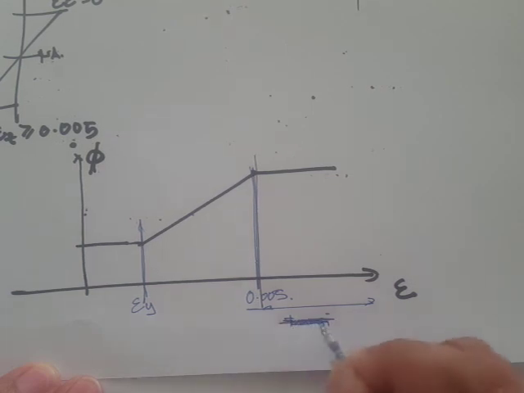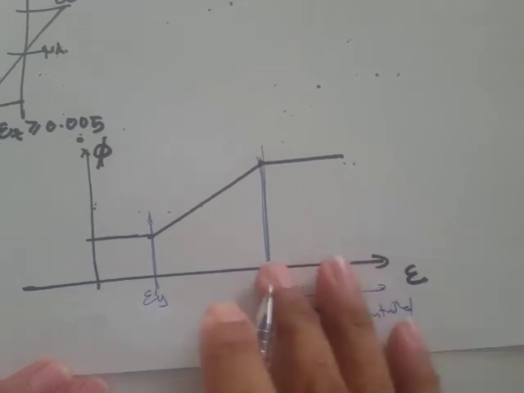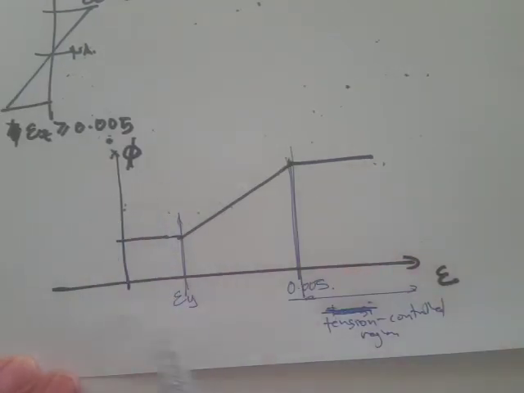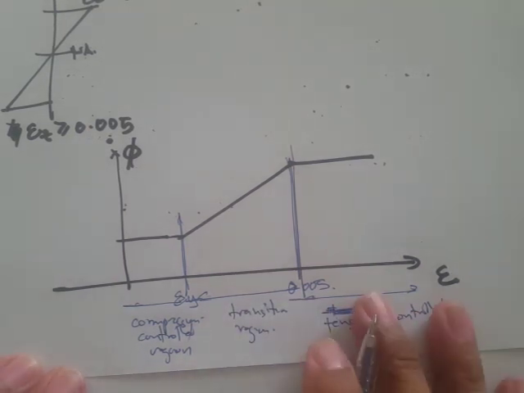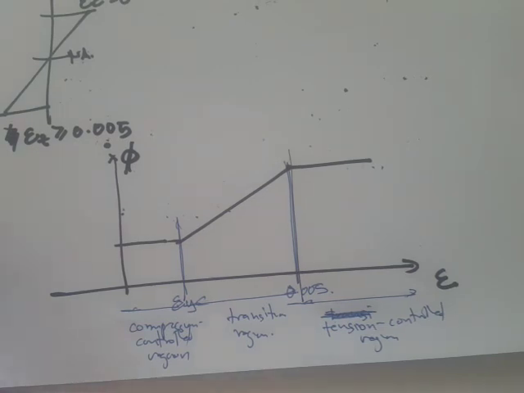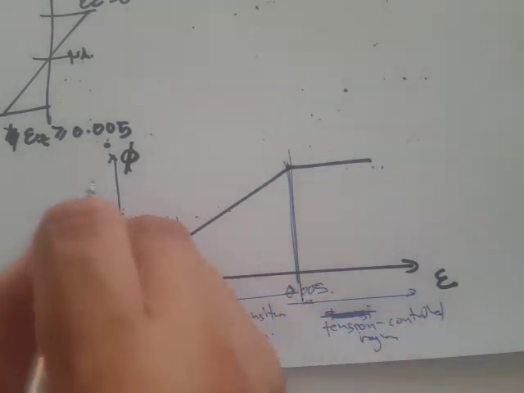No, sorry, that's the tension controlled region. Then below this yielding strain, that's going to be the compression controlled region. Then of course, between these would be the transition region.